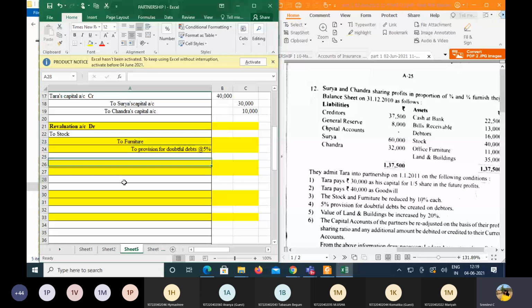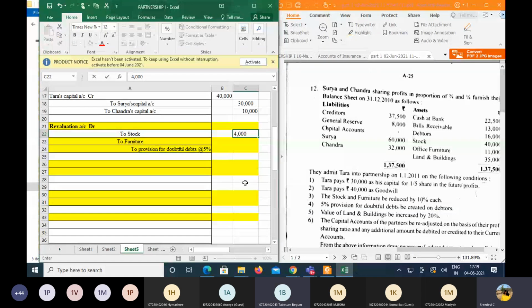Now coming to the next, that is calculating the amounts. What is going to be the stock now? The stock here is 10%, is it? The balance sheet value is 40,000, so 10% of that will be 4,000. The next, furniture, is also to be reduced by 10%.